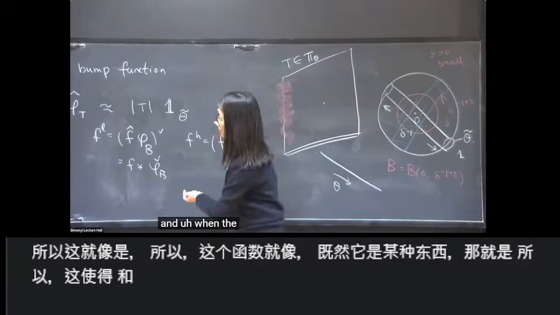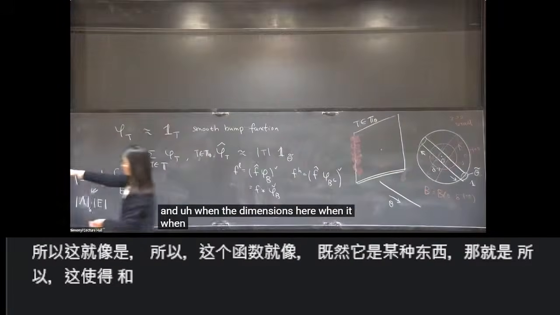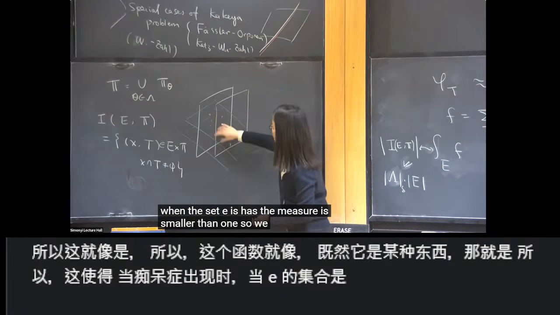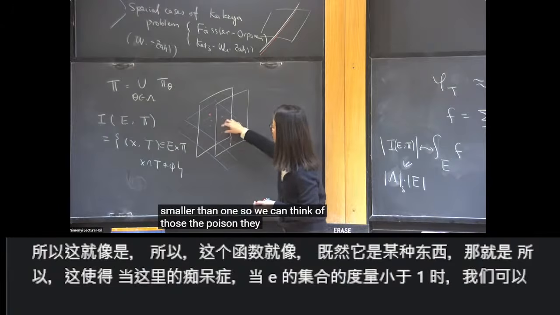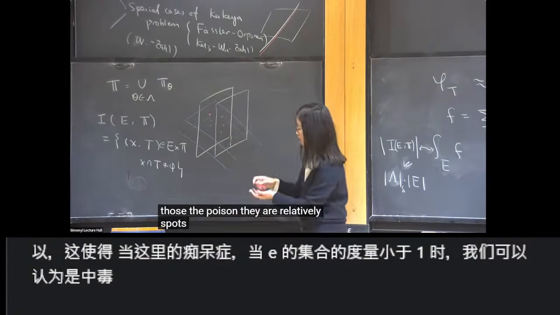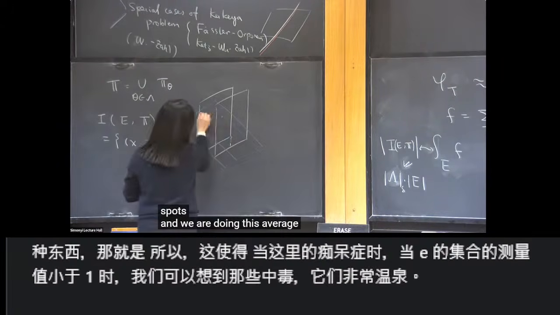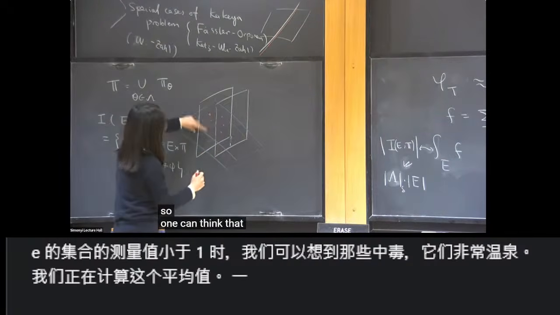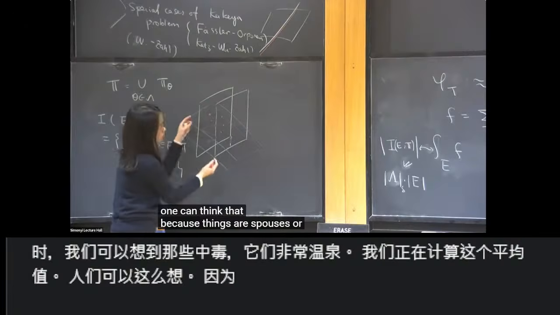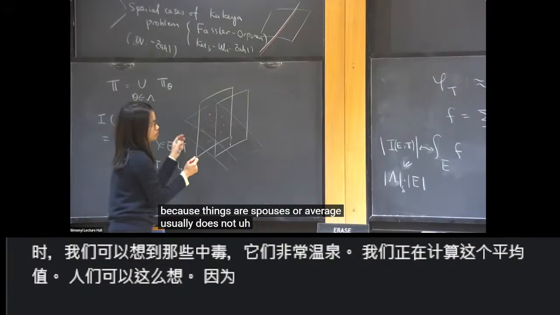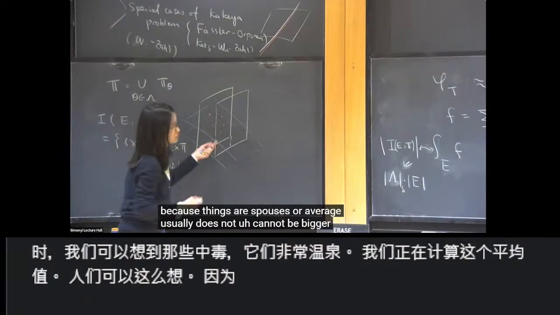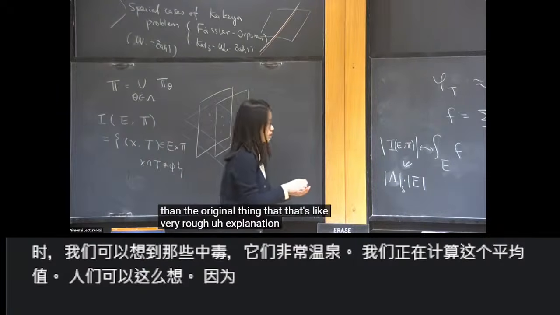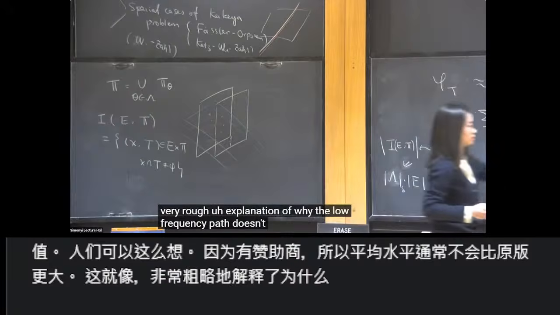When the set E has dimension smaller than 1, the points in E are relatively sparse, and we are doing this average. Because things are sparser, the average usually cannot be bigger than the original thing. That's a very rough explanation of why the low frequency part doesn't dominate.